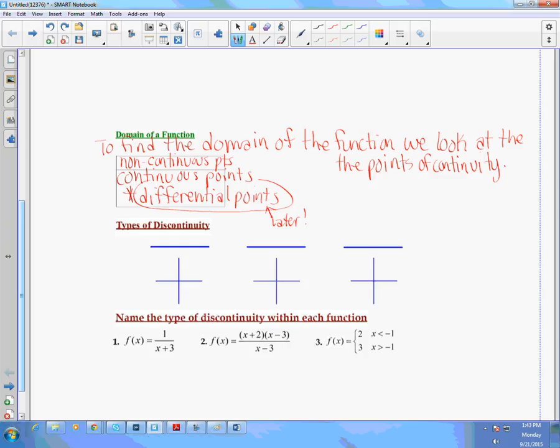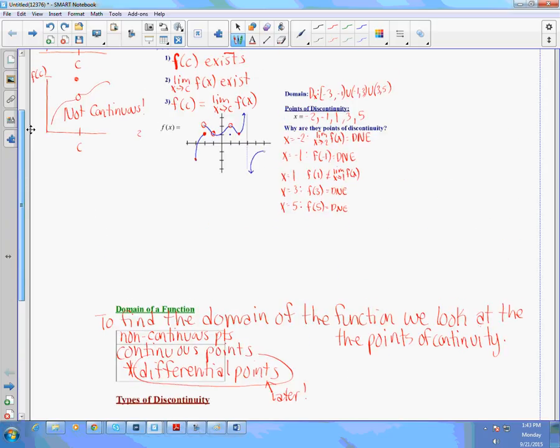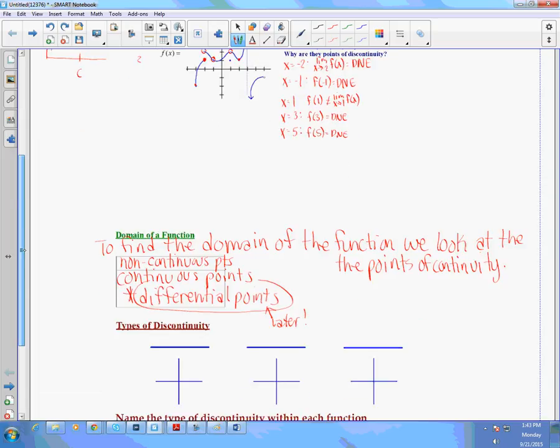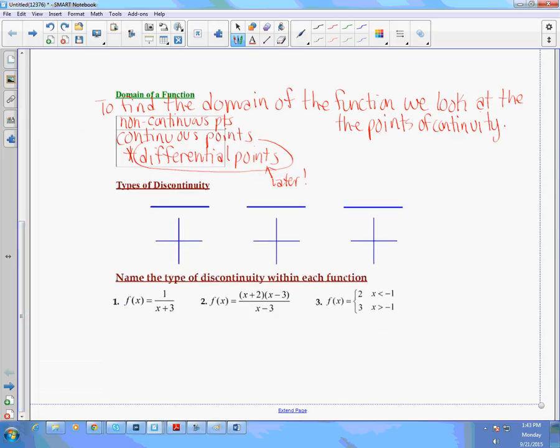Okay, so we've already found there are 3 types of discontinuities. We've already found them on this graph. Where do we have discontinuities? Let's list the things we see on the graph that create discontinuity: a hole, a jump, and an asymptote. Those are the 3 things that create our discontinuities. We have a hole like this, right? So a function where we have a hole in the middle.